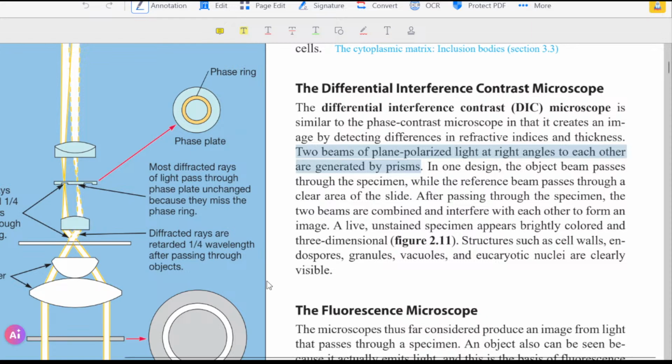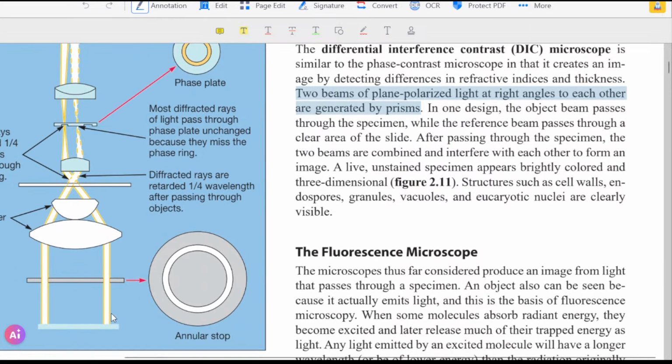I see, it looks like they changed the lighting source somehow in the interference contrast. So they are saying two beams of plane polarized light. Polarized light means there is only one wavelength. In white light there are multiple wavelengths, while in polarized light there is only one wavelength, and we know which wavelength it is, for example around 400 or 500.